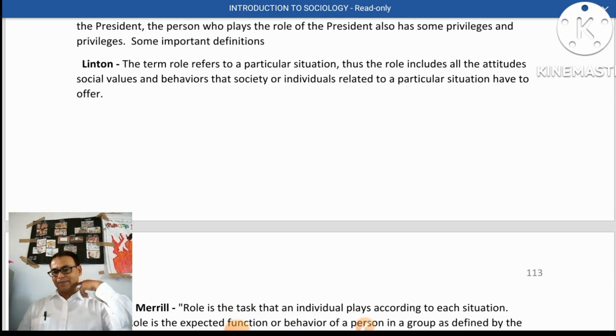Linton described that the term role refers to a particular situation. Thus, a role is related to a particular status. The role includes all attitudes, social values, and behavior that society or an individual related to a particular position has to offer.